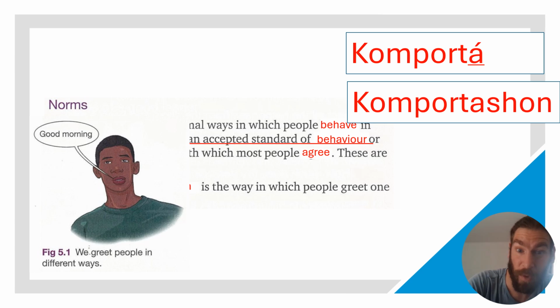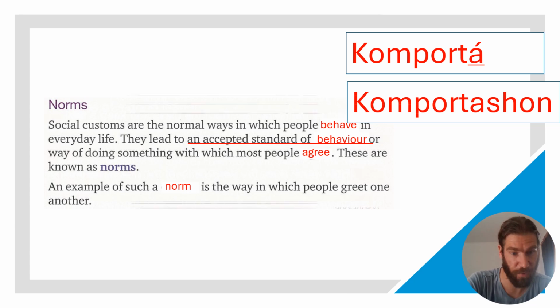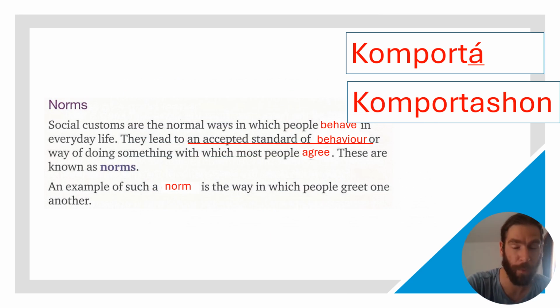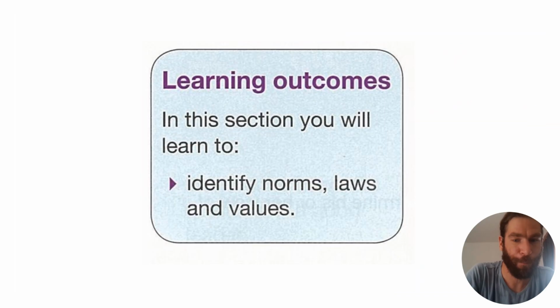And that is accepted, and it's also a social grace, like we just said, because if you do this, you make contact, and you also are polite, and you create a situation in which it is less likely to create a moment of conflict and clash. Also, it's customary, it's also a norm, to show appreciation by applauding in all kinds of situations, actually. This picture was taken from your book.